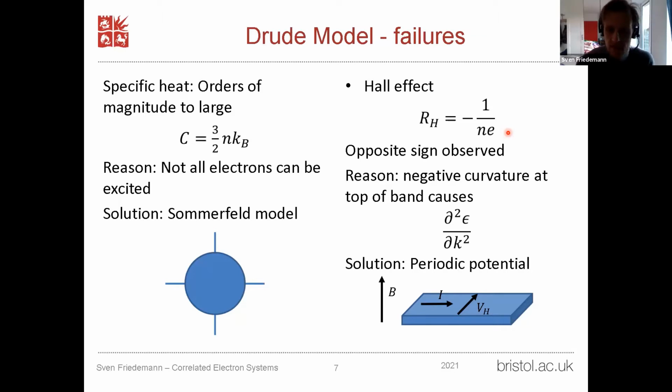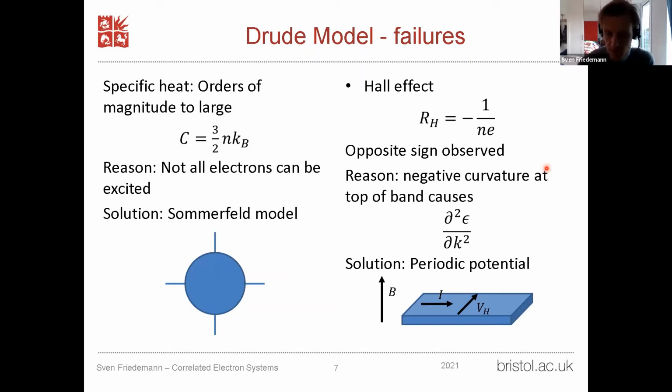In reality, experiment does observe materials with a positive sign, and that is clearly in violation of the expectations from Drude theory. The reason for that, and we'll come to that, is that we need to consider the effect of the periodic potential, and we can also consider the effect of correlations, how they change the band structure.